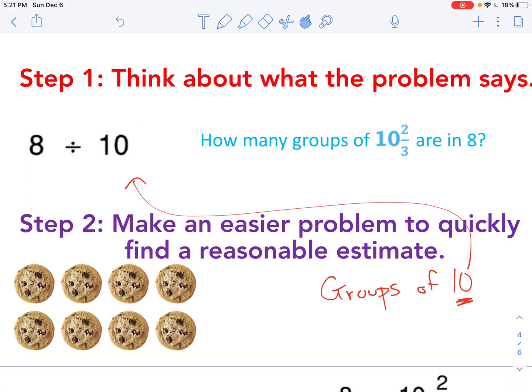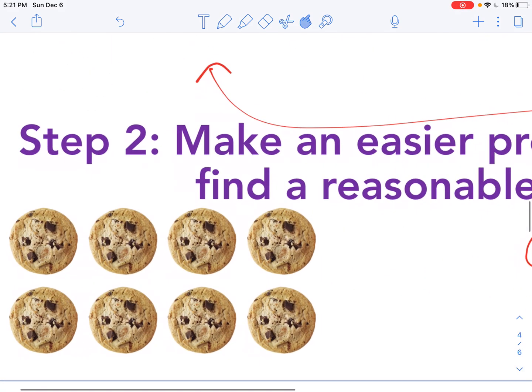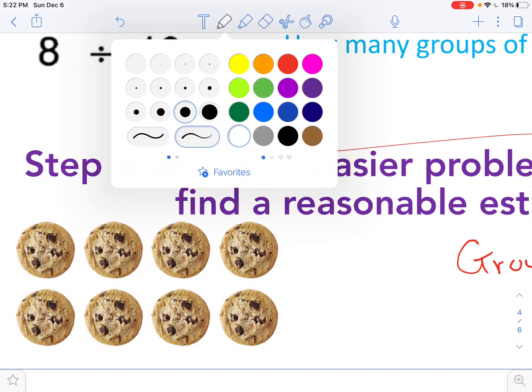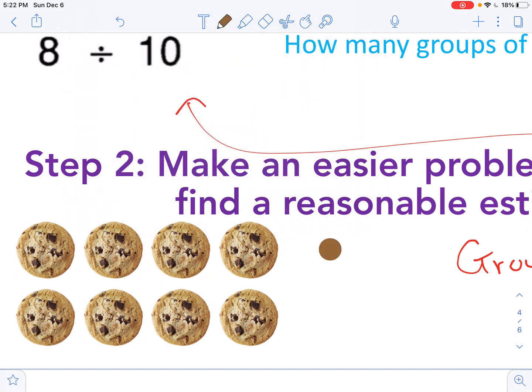So take a look at these cookies. Here are 8. Can I put them together or split them apart in any way to get 10 cookies inside a group? I can't do groups of 10 because there's only 8. If I wanted groups of 10, I'd have to add 2 more cookies on the end.